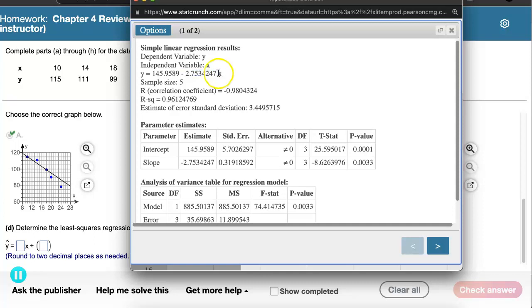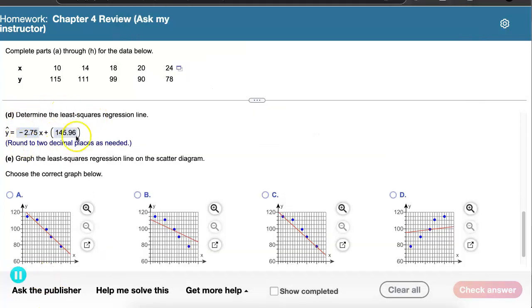So I just need to pay attention to that as I'm typing these into my MyMathLab, that I'm picking up the right either coefficient or constant that I need. And you see here, rounded to 2 decimal places, how that looks in my MyMathLab in this slope-intercept form for an equation of a line.